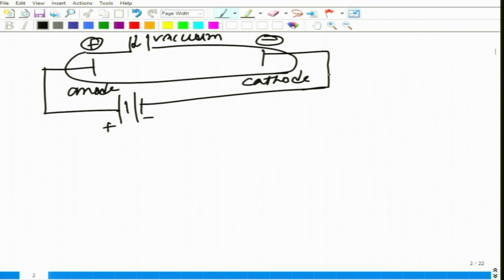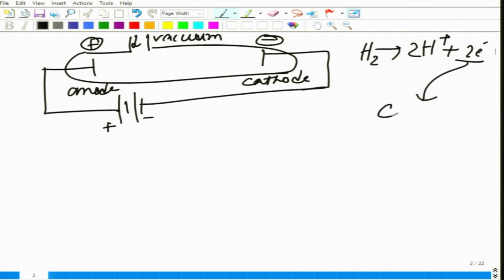So, we had seen that for cathode ray experiment, when we take some gas, it splits up to give cations and electrons. The electrons were utilized for the cathode ray experiment. They were known as cathode ray particles initially.